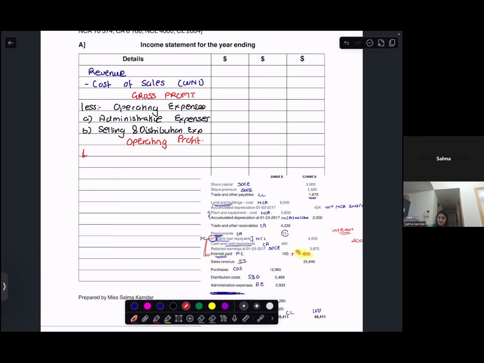What else do you minus? You minus your finance costs. What will you get? Profit before tax. You will minus tax. You will get profit for the year.